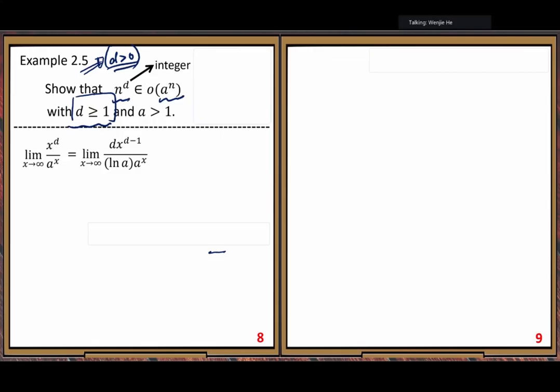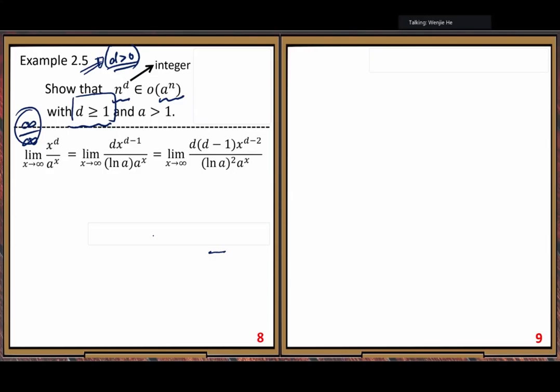After simplification, we can take another round of L'Hopital's rule, because if d is relatively large, we have an infinity over infinity indeterminate form, and whenever we have that form, we can always apply L'Hopital's rule. So this is the second time we apply it.